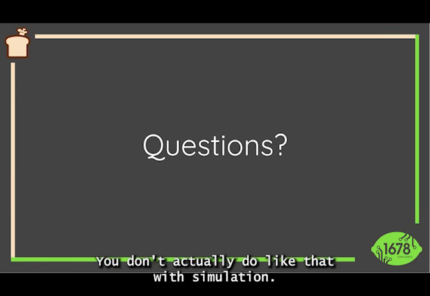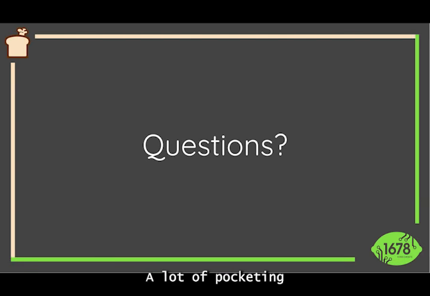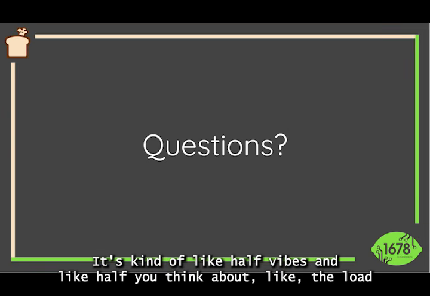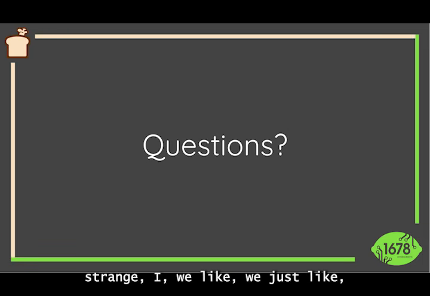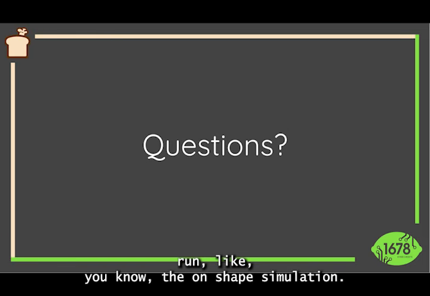We don't actually do that much simulation. A lot of pocketing, this sounds almost wrong, is half vibes and half you think about the load path, and if a part looks really strange, we run the Onshape simulation.